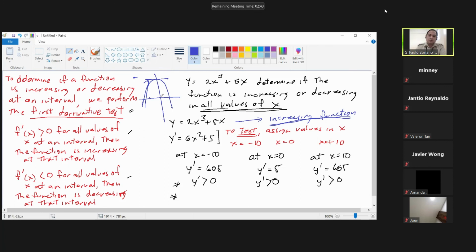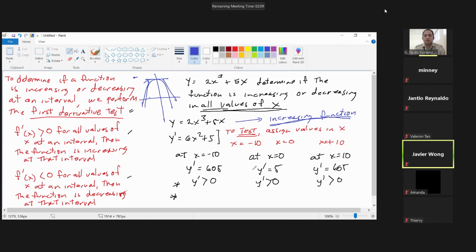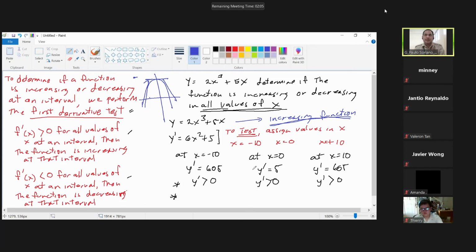From 0 to positive 10, it is going to give us a negative result. So if you have a mixed result, is that clear, Javier? If you have a mixed result, it is either increasing or decreasing at an interval.